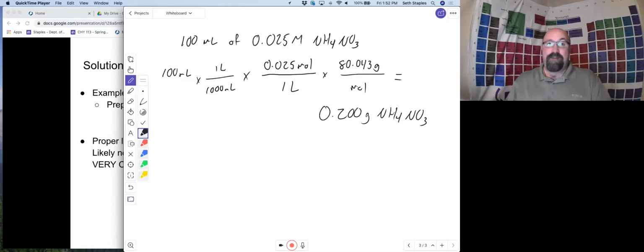This is the actual amount that you're going to use. You need to measure out 0.200 grams of ammonium nitrate, put that into your volumetric flask, and then raise the liquid level up to 100 milliliters. After you've done that, you will have 0.025 molar NH4NO3.